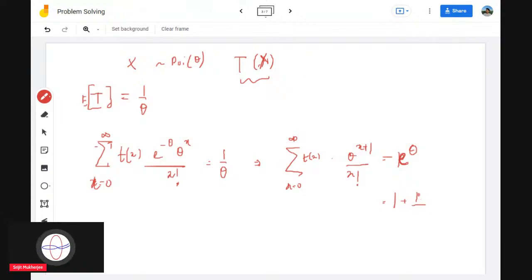We can compare, right? This is the idea. So if we compare, what do we get?